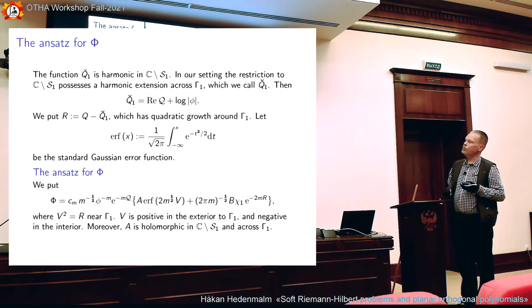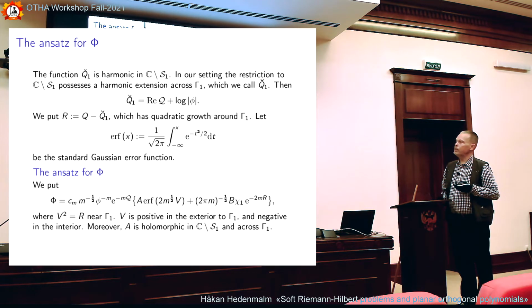But notice, first of all, there's an m to the negative half thrown in there, okay? And then the negative powers of phi, and negative powers on the rest also. And then we have to throw in two functions. A is supposed to be holomorphic and bounded at infinity, and B is some smooth function.